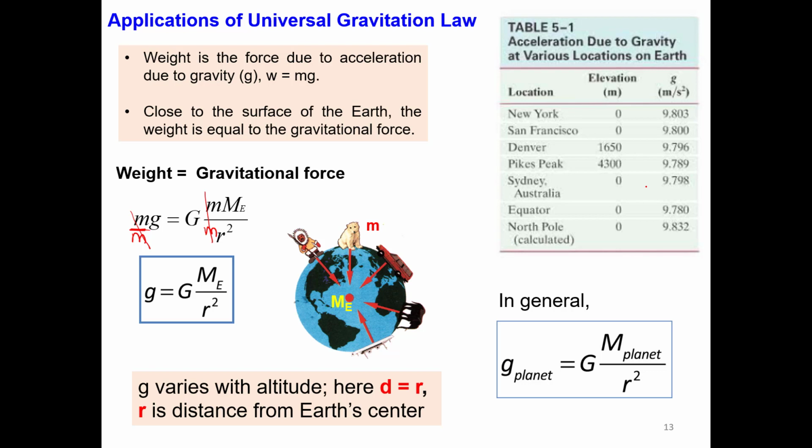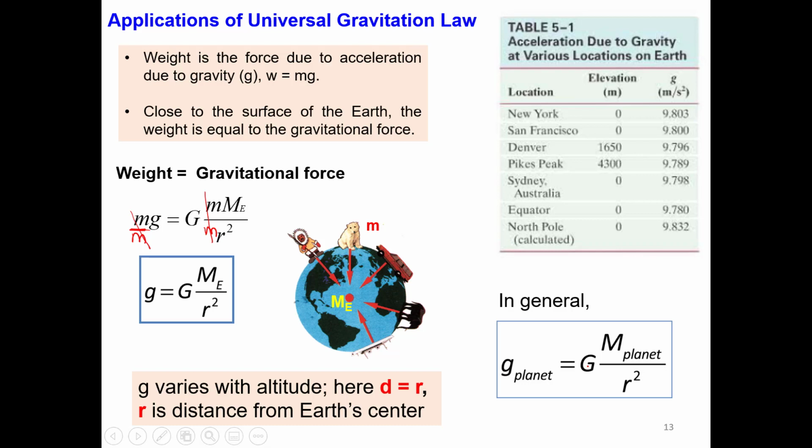The radius is not the same in all the places of our planet, and this is why we can see some small difference between one place and another.